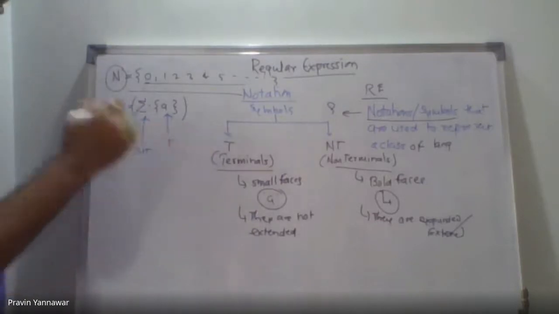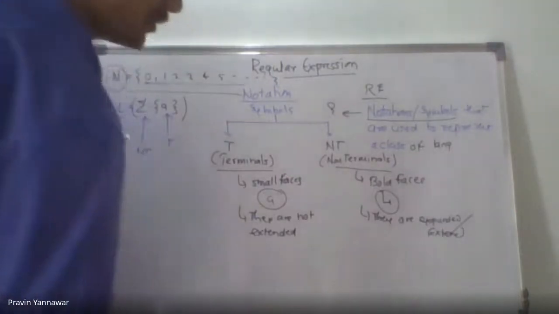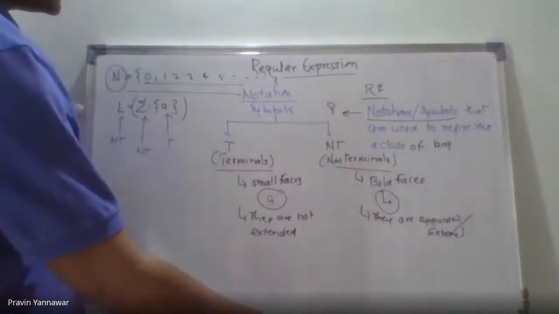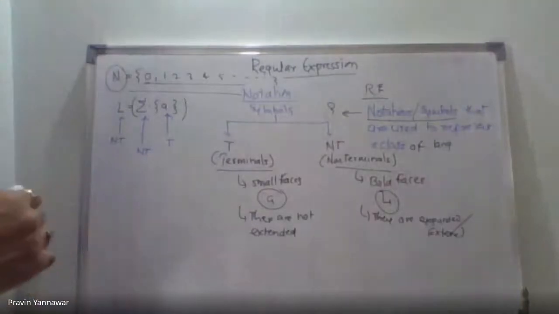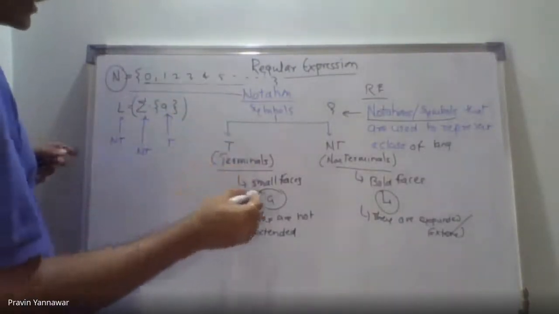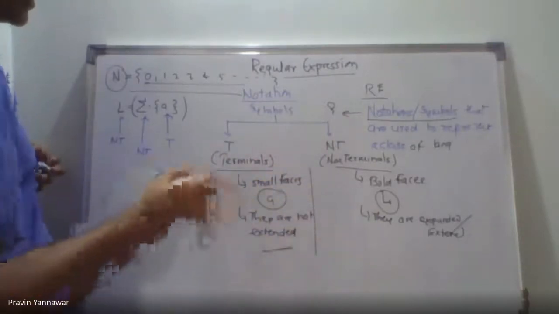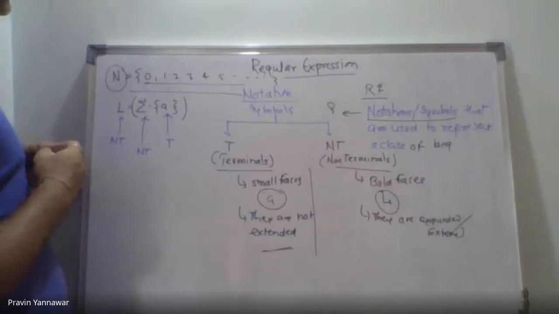So when you are going to represent an expression, expressions are usually built by using terminal symbols. Regular expressions are usually built by using terminal symbols only.